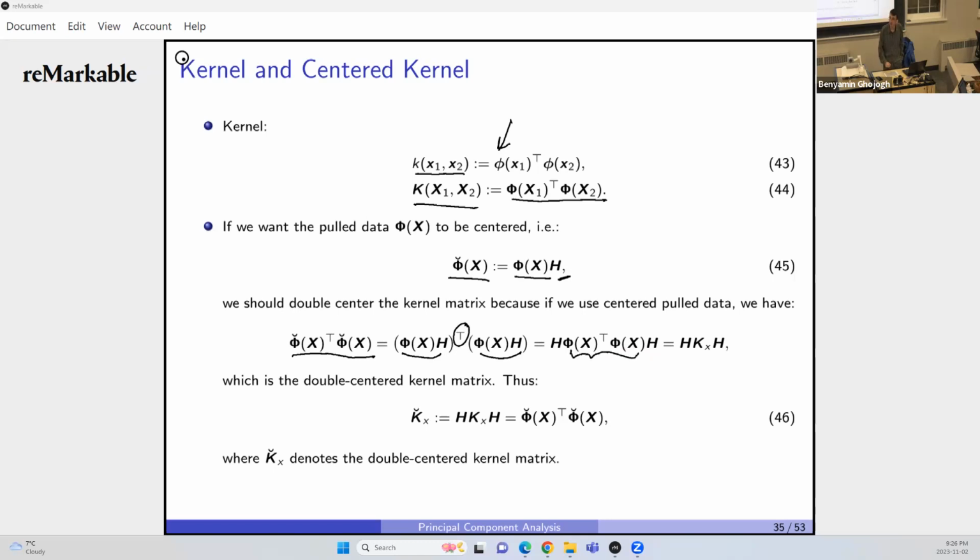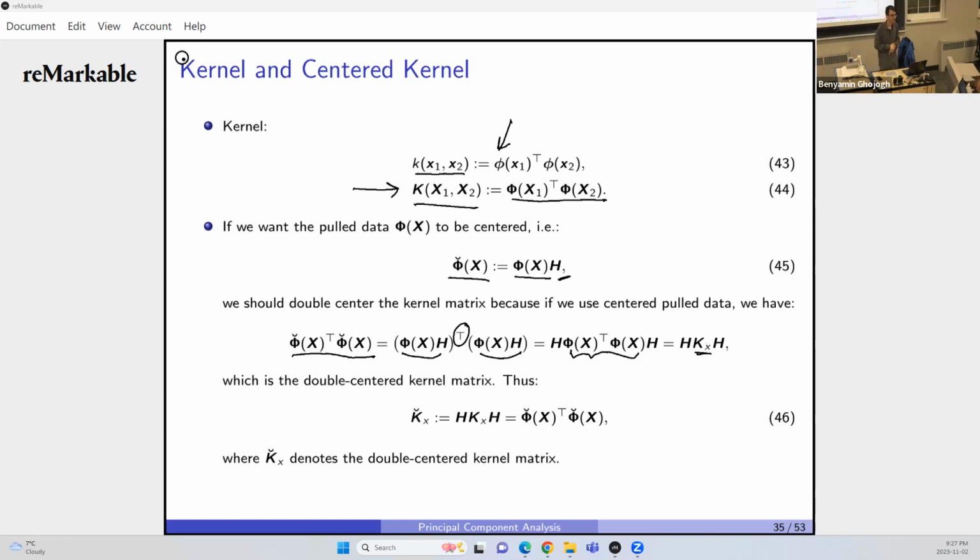Interestingly, phi transpose phi appeared in the middle. What is phi transpose phi? It's the kernel, according to this. So I have HKH. What was HKH? Recall preliminaries. It's the double-centered kernel matrix, right? HKH removes the mean of rows of K, removes the mean of columns of K, and adds back the total mean, right?